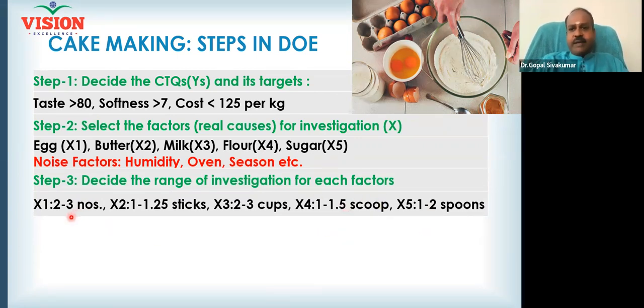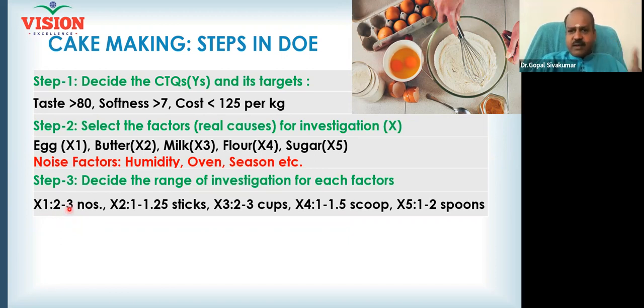And now, how many eggs can I add? I have a doubt only between 2 and 3. Whether 2 will do or 3 will do. That is only my doubt. I know 1 will be very less, and more than 3 will be very high. So the range of investigation is 2 to 3. All of you understand here?